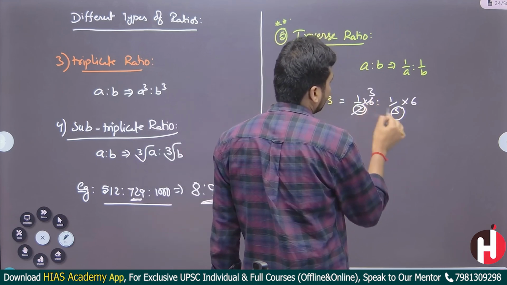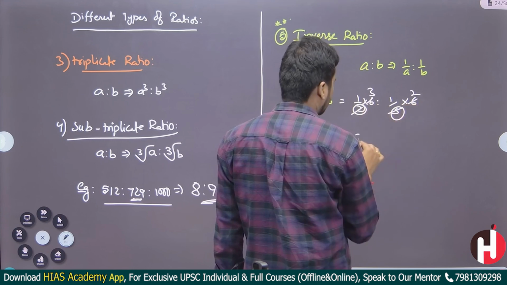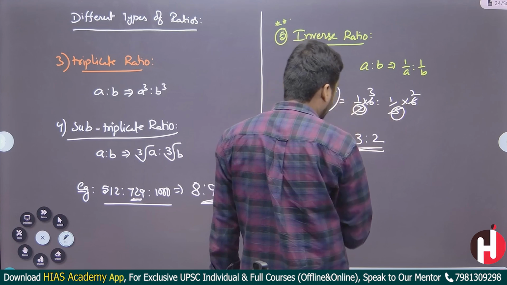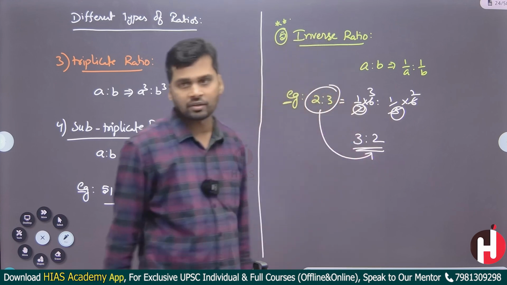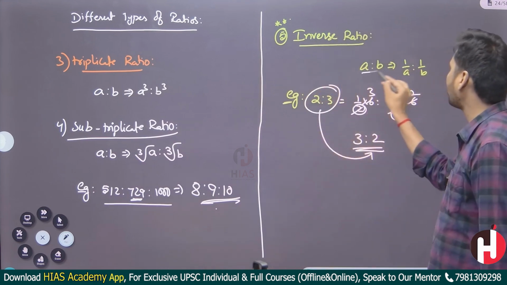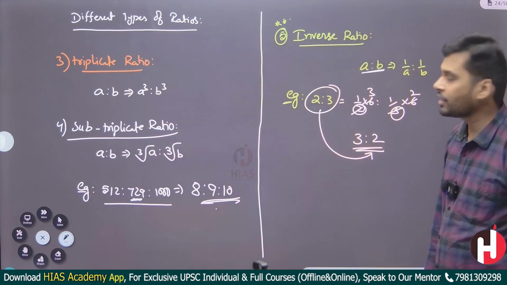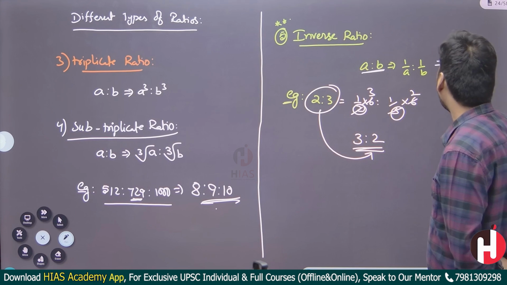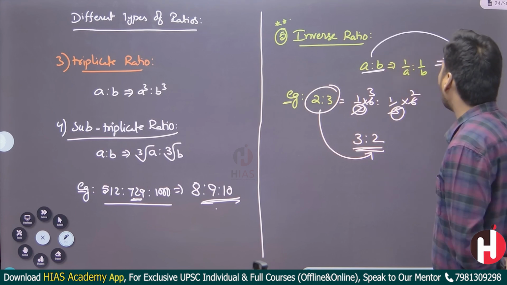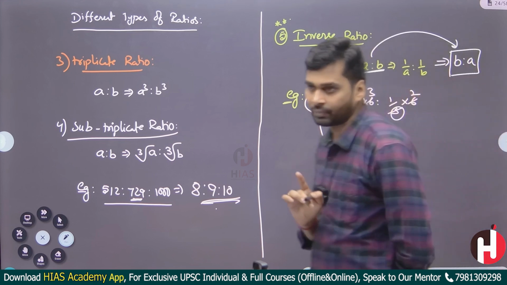Then 2 3s are 3, and 2 is 2. So the value is 3 is to 2. So what is the inverse ratio of 2 is to 3? We are getting 3 is to 2. Please remember that if A is to B is there, the inverse ratio of A is to B is B is to A. Directly you can write the inverse ratio if it is a 2-term ratio only.